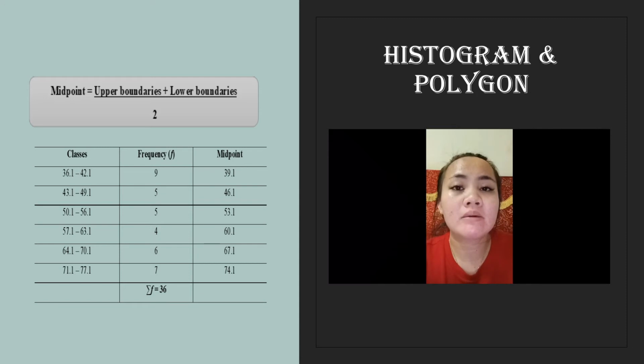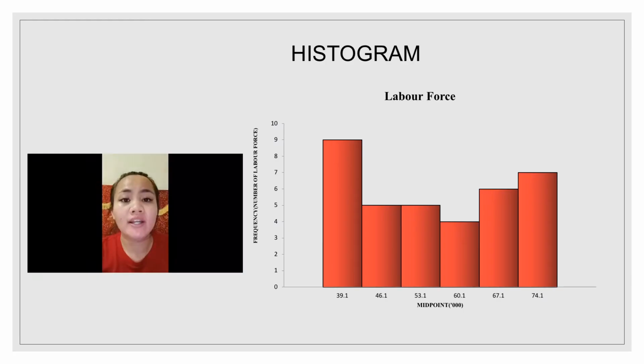Upper boundary is the upper limit, and we need to plus 0.5. Lastly, midpoint, the sum of the lower and upper limit of the class divided by 2. The data of the histogram will be combined to make the histogram graph. Therefore, the histogram needs the midpoint at the x-axis, while at the y-axis is the frequency.